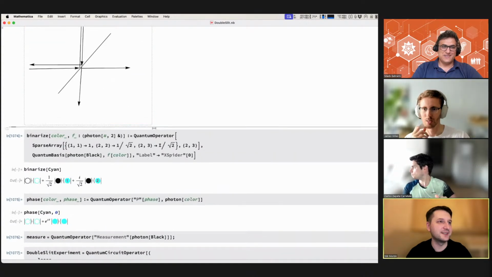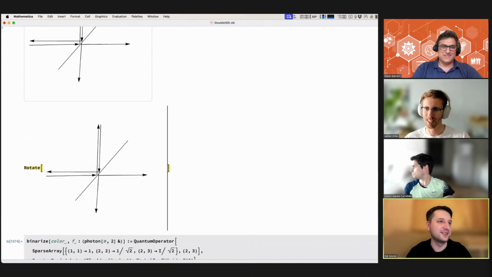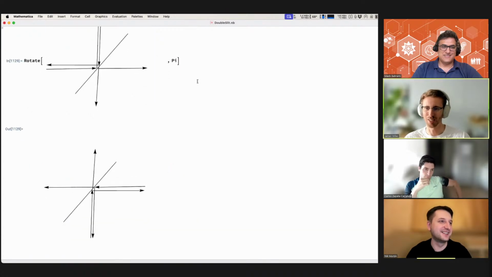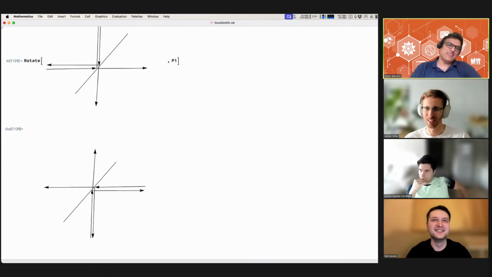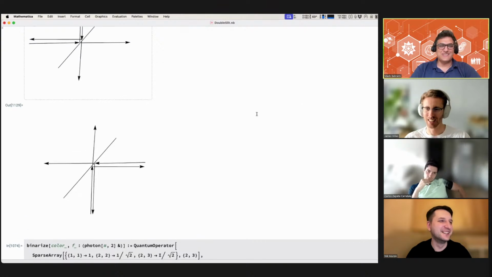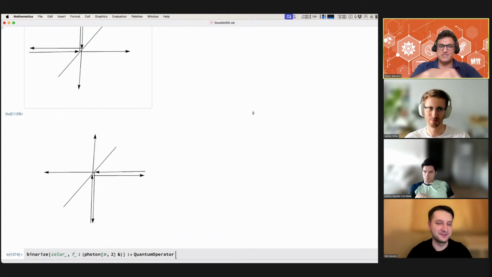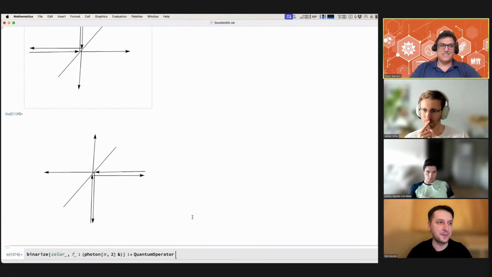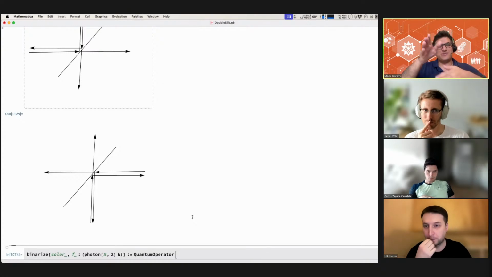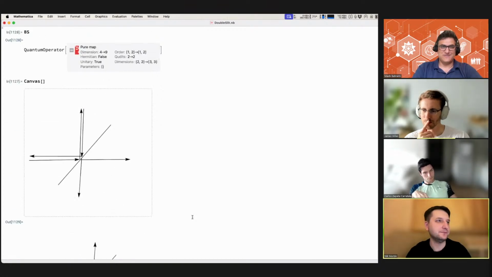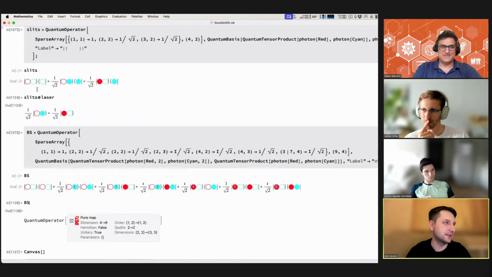Can I do it like this? I'm just going to cheat. The two output arrows go to the right side of the beam splitter, like Nick did here. Okay, got it.